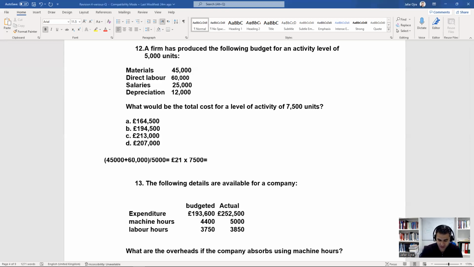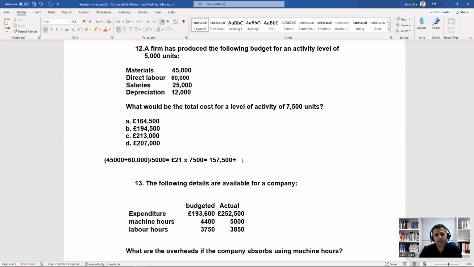And that makes 157,500. That's the total variable cost. Add up the total fixed cost, which is the salaries and depreciation. Why do we add them here?